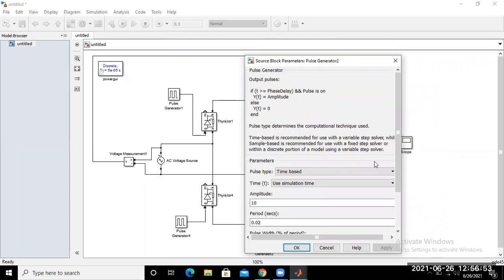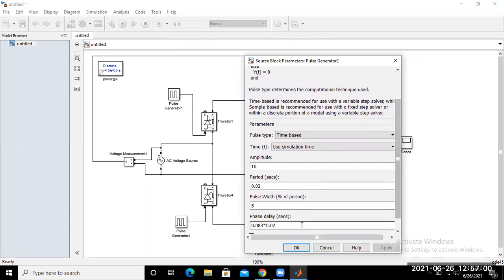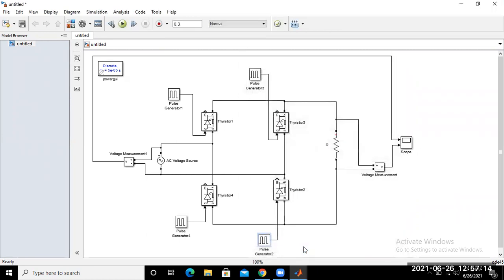What is the phase angle delay? Again 0.125 into time period. So 0.125, apply and okay.